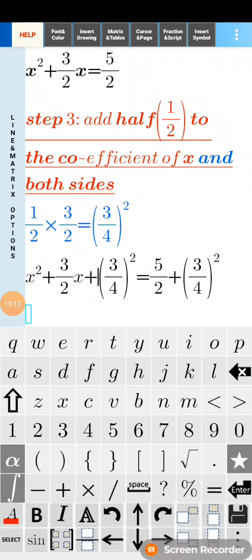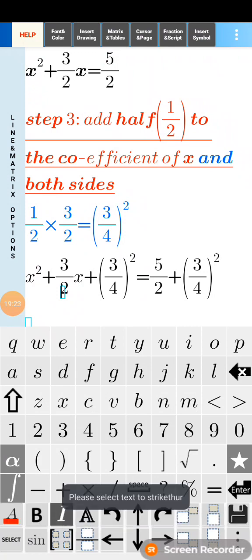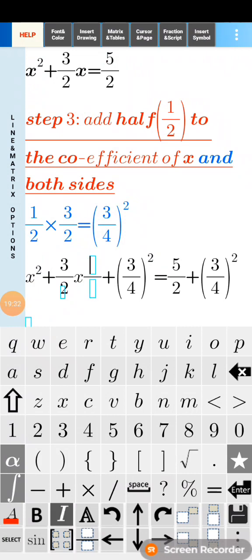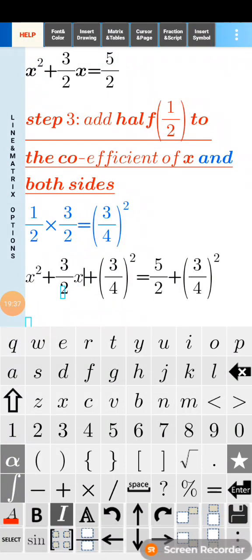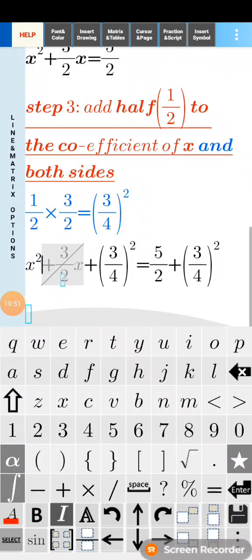So I'm going to take it out. I'm taking out the whole of this part I just highlighted.